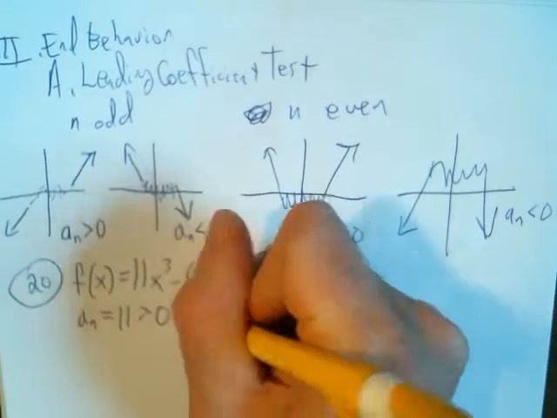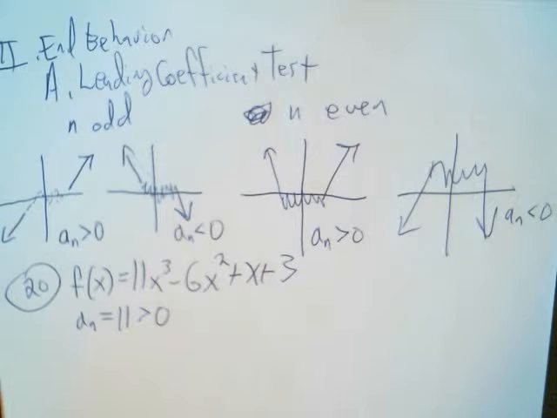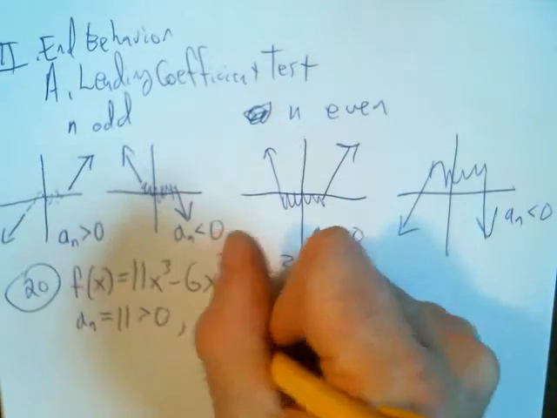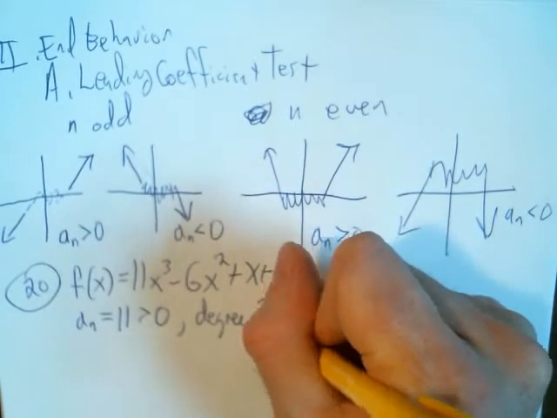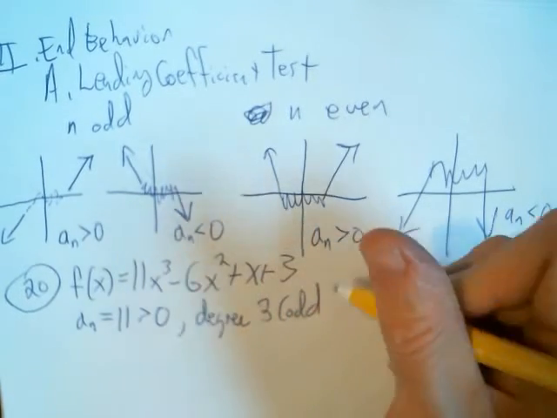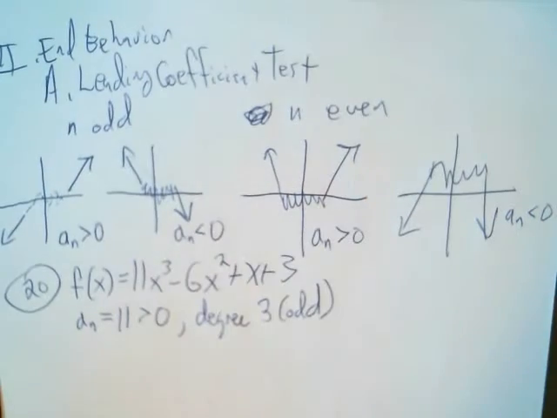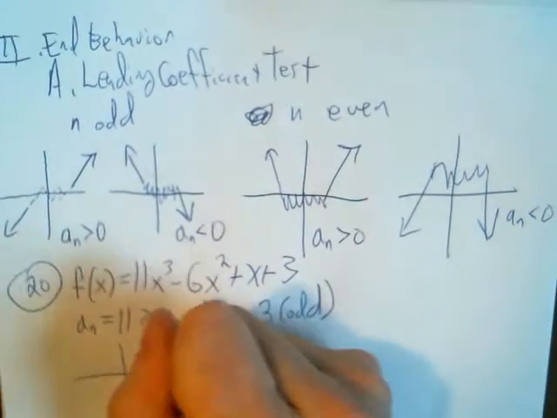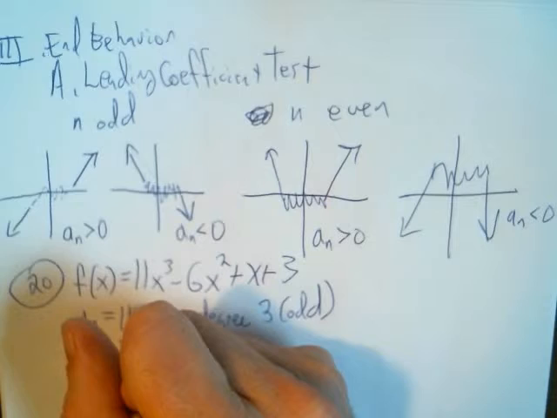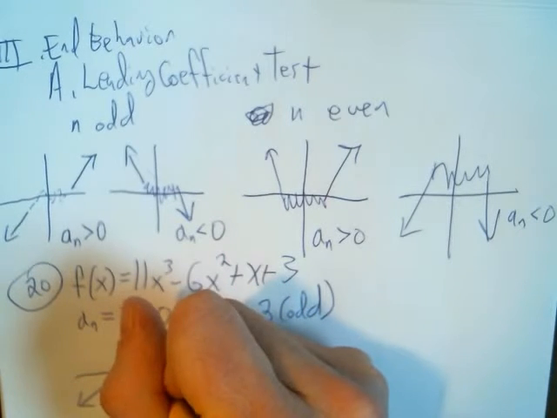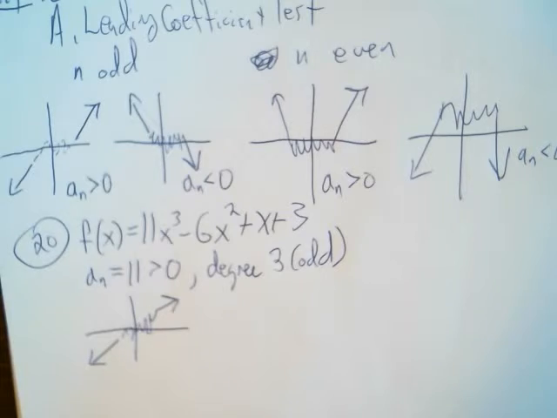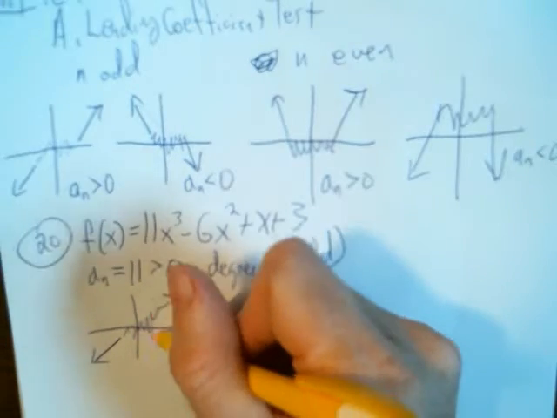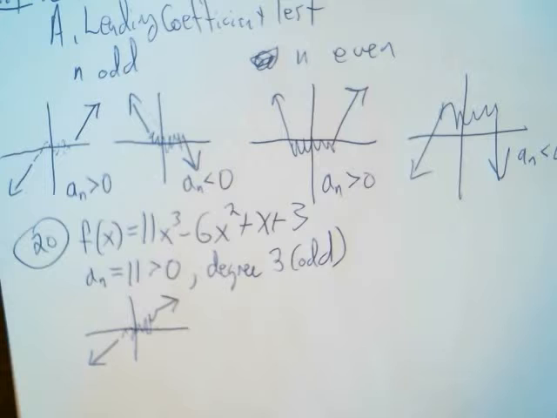It's positive. It's greater than 0. Okay, and then the degree is 3, which is odd. So it'll have kind of our line with positive slope form. And I don't know exactly what it does, but it does some business in the middle.